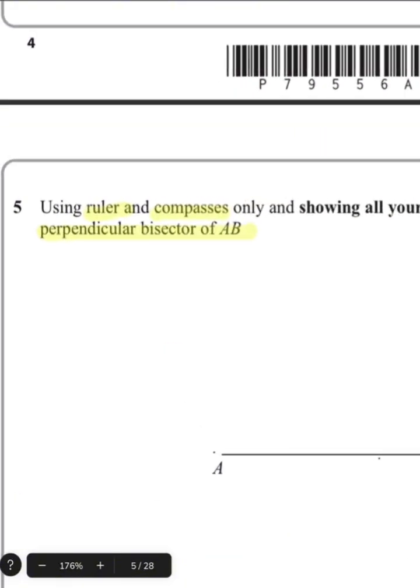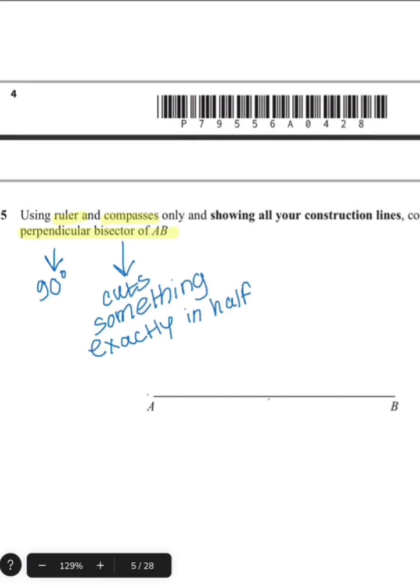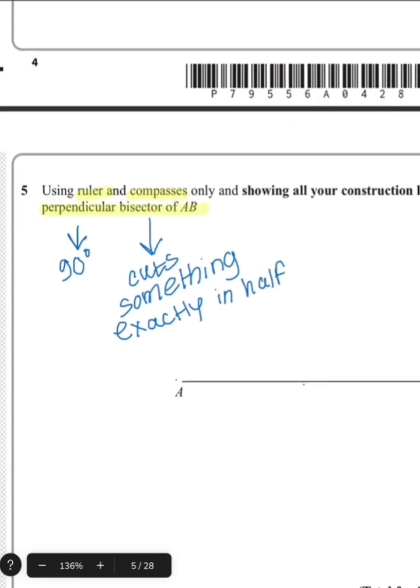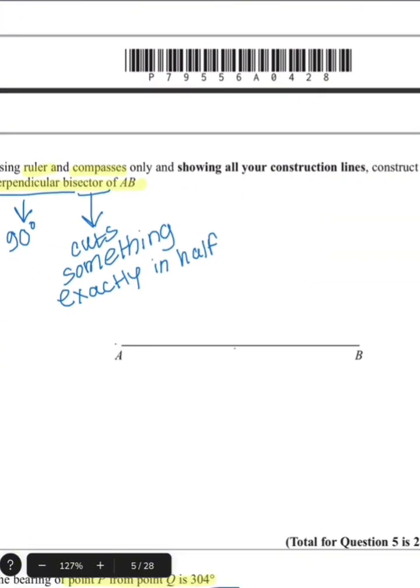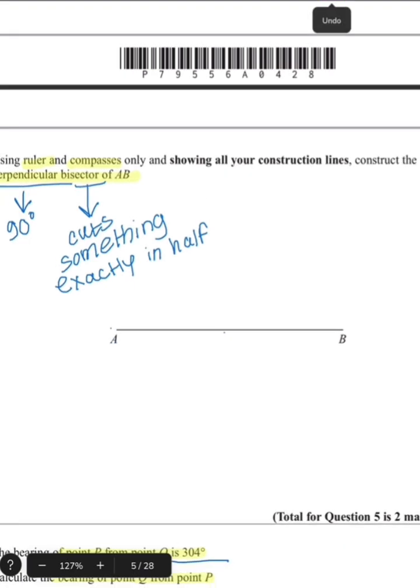Perpendicular makes a 90-degree angle. Bisector cuts something exactly in half. Joining both definitions, a perpendicular bisector is a line that cuts AB exactly in the middle and crosses it at 90 degrees.